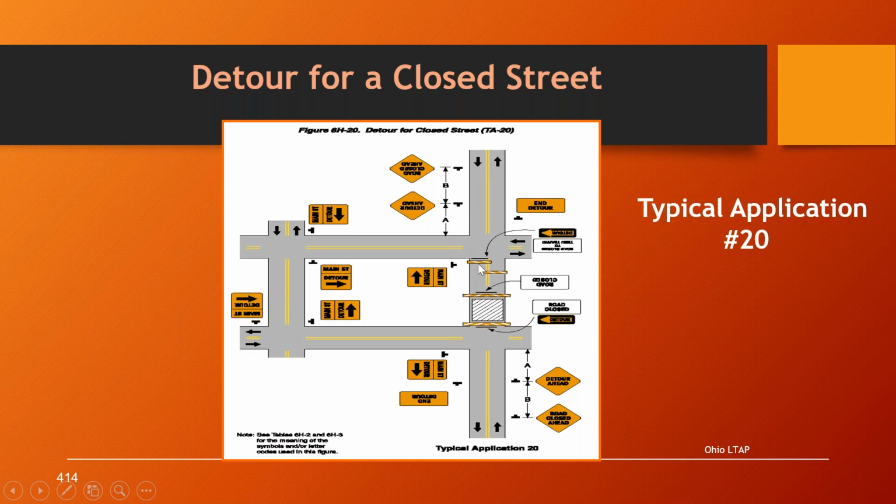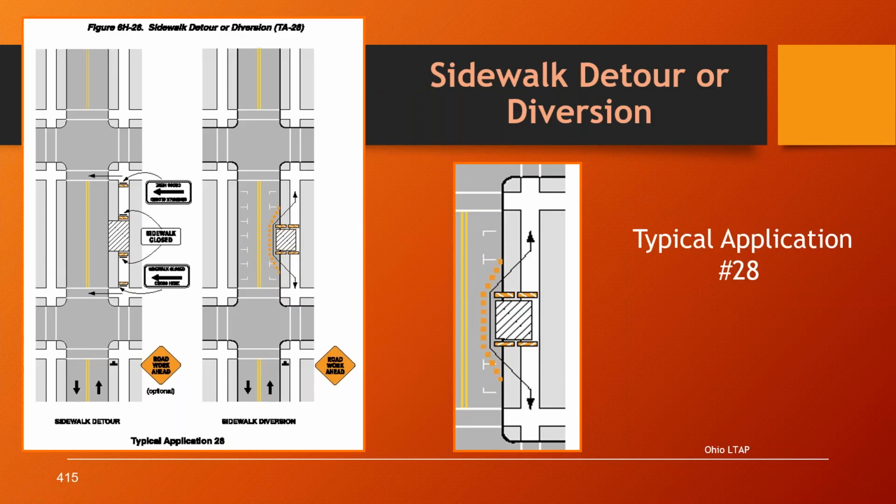So we're going to have similar signage to 19 for the southbound traffic, and then we're going to have pretty much the same signage, but different direction to get them around it for the northbound traffic. So you're really guiding them through at each intersection that they arrive at to let them know that they need to turn. So clear guidance is important.